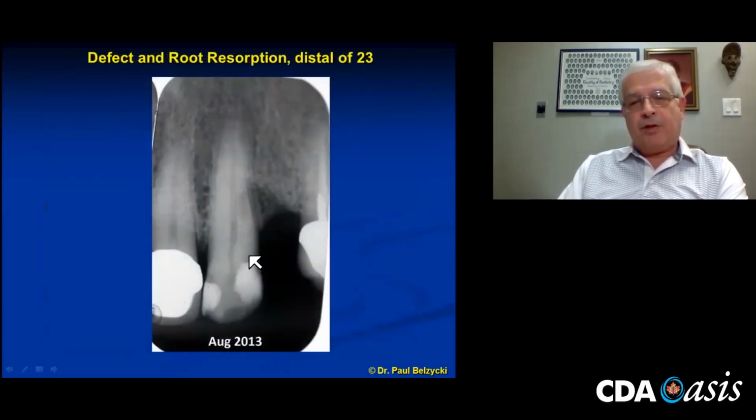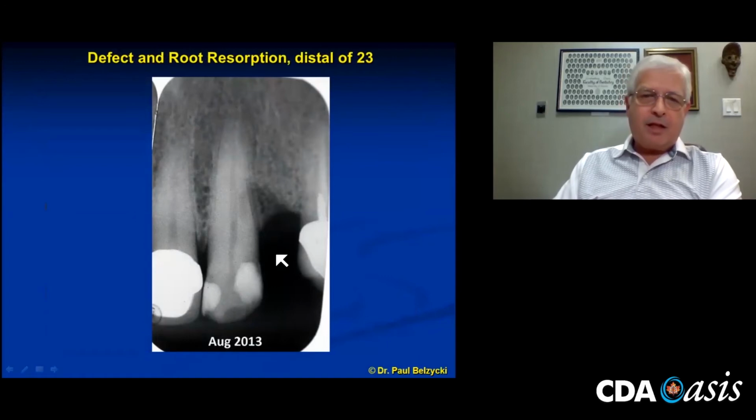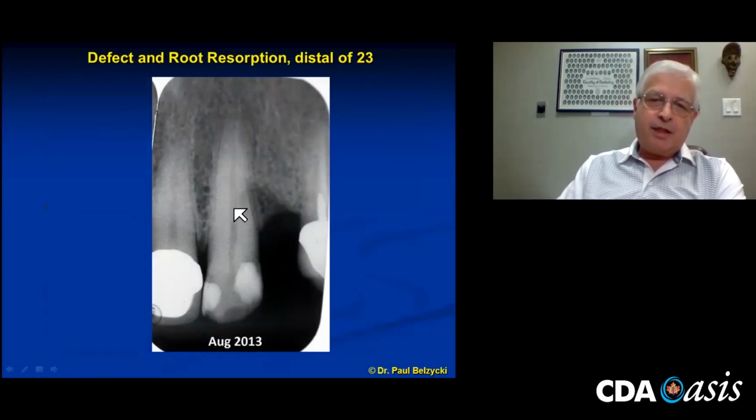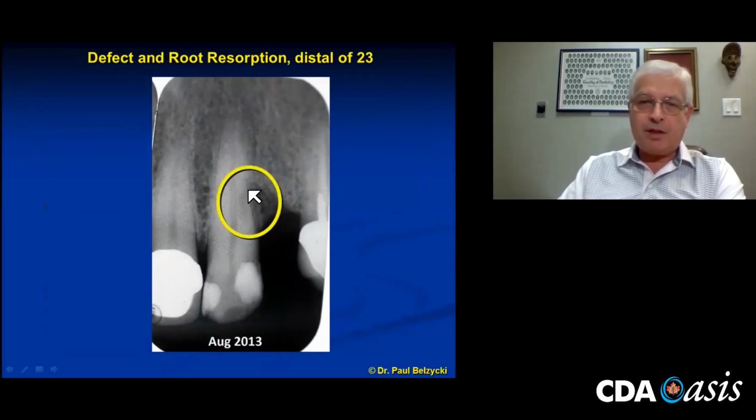And sometime in 2013, I'd taken some radiographs and I could see this area, the distal of the 23, is not healing properly. Took a radiograph and I could see a hint of a shadow here, which is indicative of some form of root resorption.